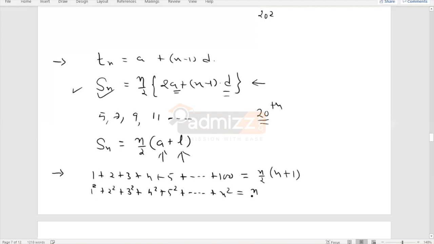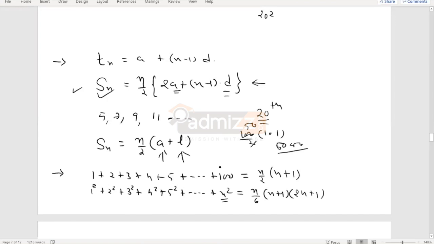Here you may use n by 6 in the bracket n plus 1 in the bracket twice n plus 1. What is n? n is the number of terms. Here 100 terms are given, so you can write directly 100 by 2 in the bracket 100 plus 1, 100 divided by 2 is 50. So your answer will be 5050. It becomes your answer.